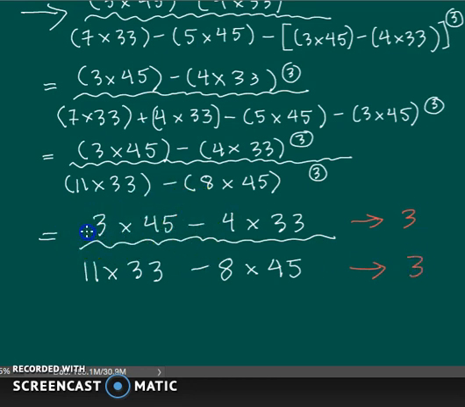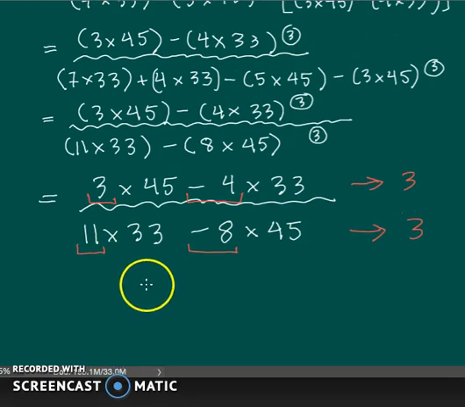So 3 multiplied by 45 and negative 4 multiplied by 33 makes 3. Also, 11 multiplied by 33 plus negative 8 multiplied by 45 will give us 3.